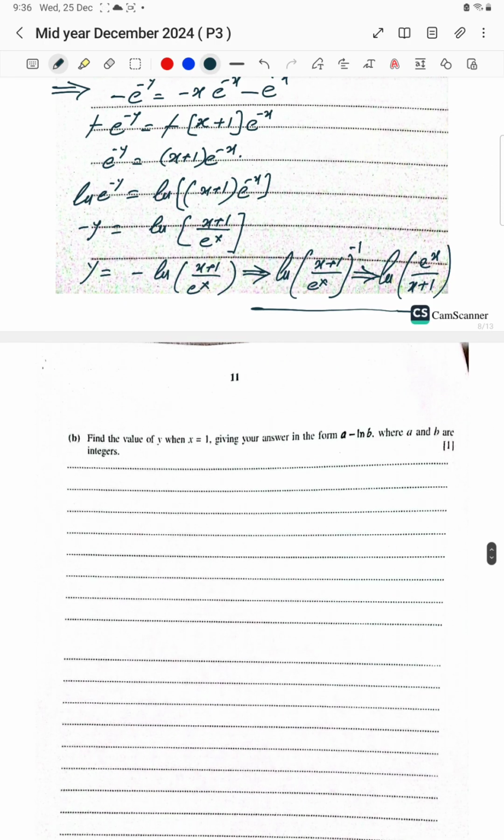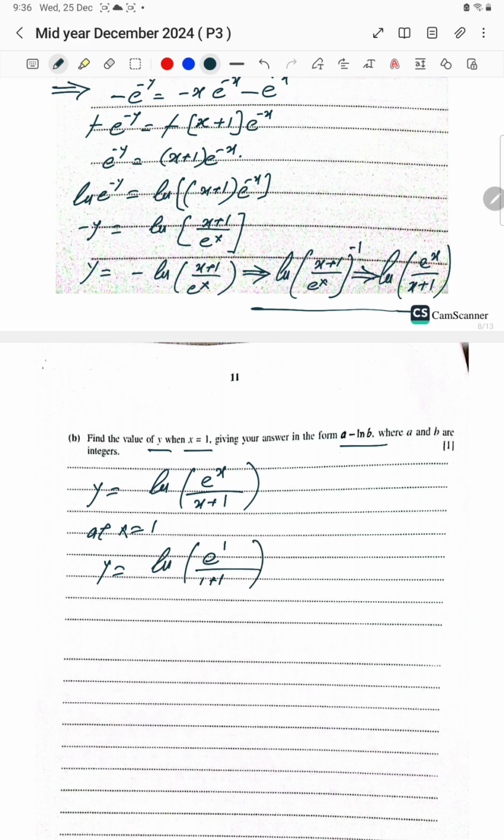Here, find the value of y when x is 1, giving your answer in this form. This is a 1 mark question. In part A we got log of e raised to power x over x plus 1. Now at x equal to 1, y will be log of e raised to power 1 over 1 plus 1, which I can write as log of e by 2.